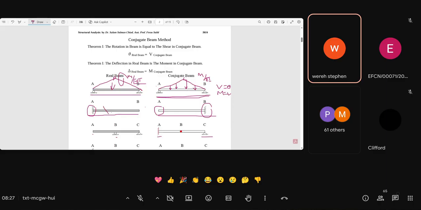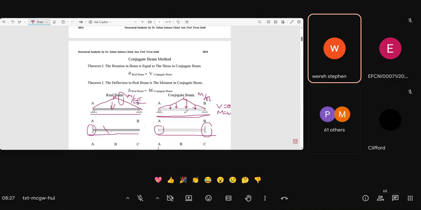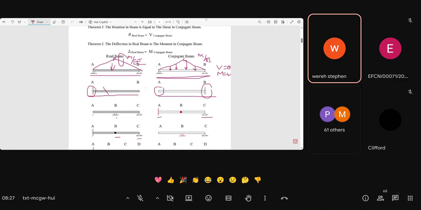So we are just using those equations as a means of finding whatever we want in terms of rotations and deflections. Have I answered your question? It has been successfully shown that the shear force is equivalent to rotations and the moment is equivalent to the deflections. Unless we have another question, let's continue.